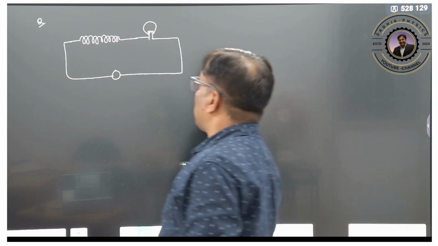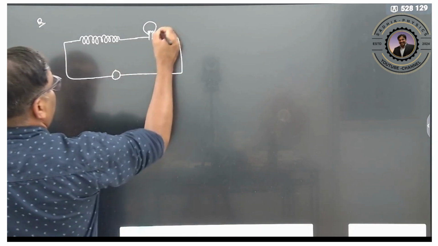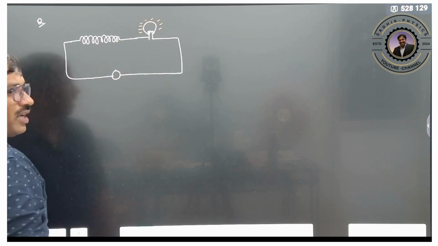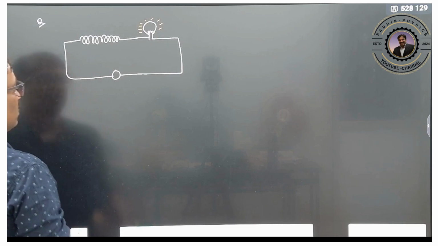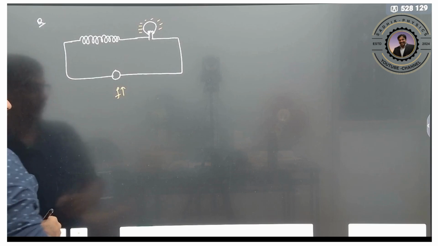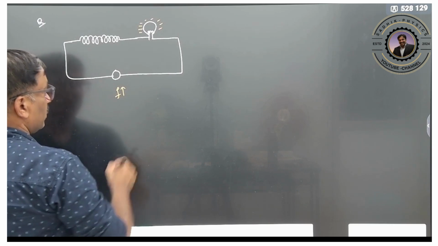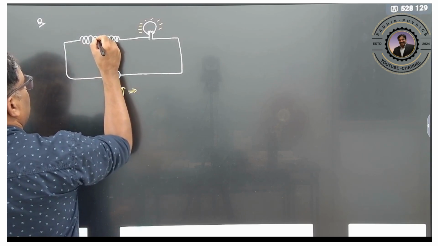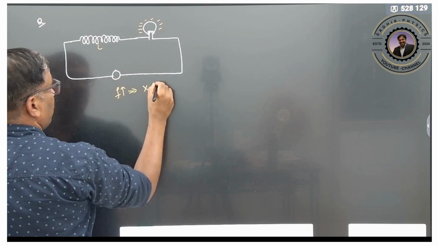Now suppose there is an inductor and a bulb, and it is glowing. So you can do two questions on this. Suppose the frequency is increasing, what will happen? As the frequency increases, XL of this inductor will increase.